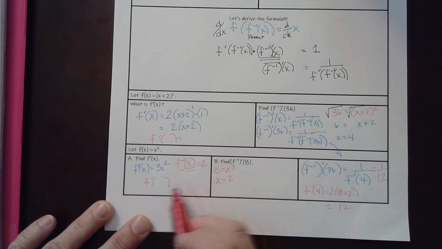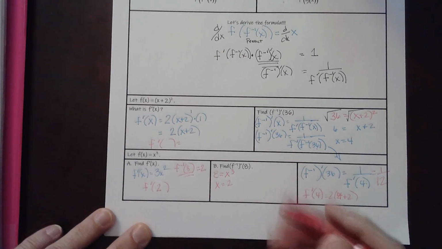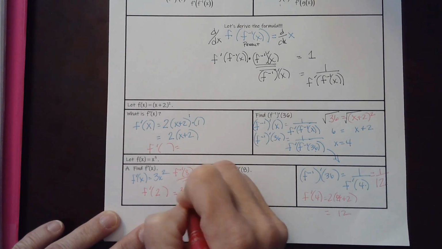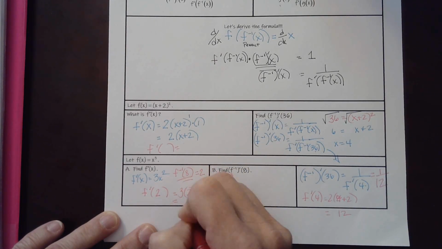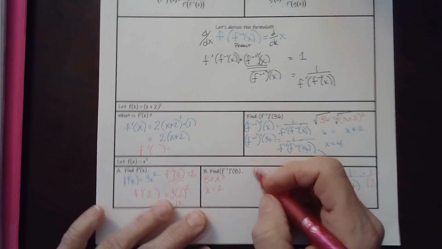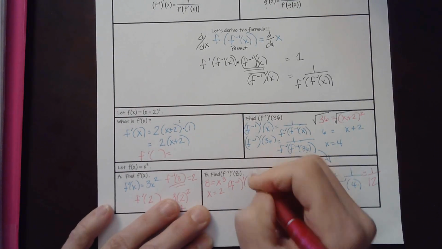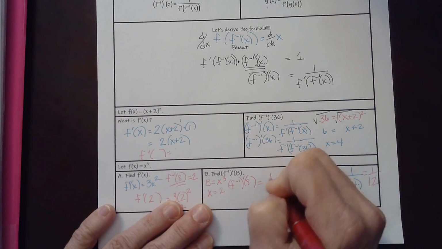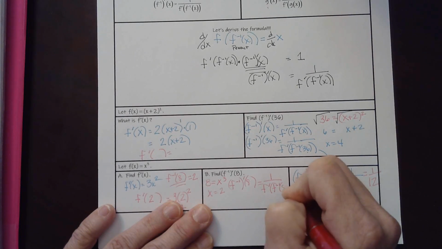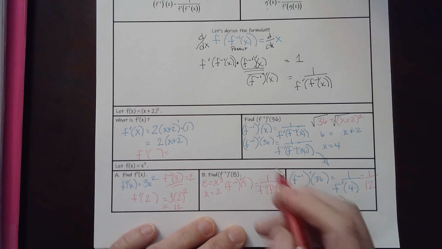I knew I had to find that part as well. But now I need to find f prime of 2. So f prime of 2 is going to be 3 times 2 squared, and that is going to be 12. Now, f inverse prime of 8 is found by taking 1 and dividing it by f prime of f inverse of 8. What is f inverse of 8? I found that to be 2.